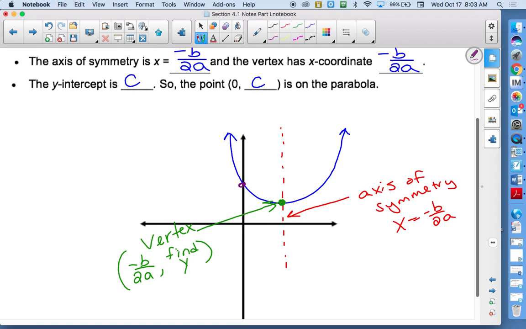And then the last point that we'll be looking at would be the y-intercept, which is (0, c). So ax squared plus bx plus c actually helps us make a parabola. The numbers in the equation will create a parabola for us.